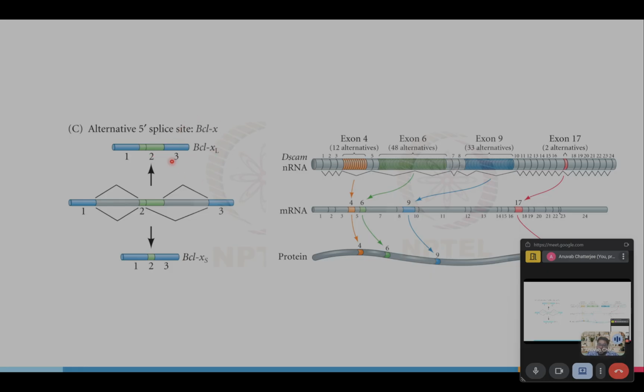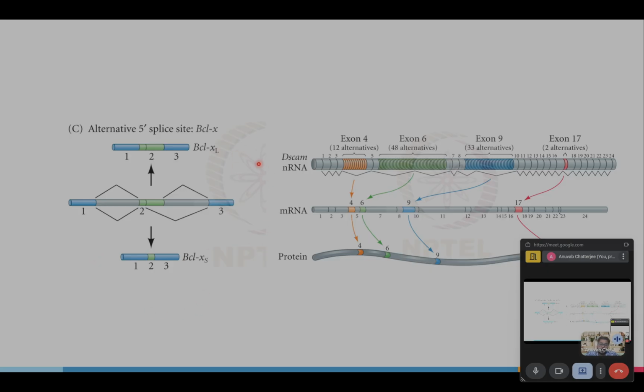In the other case, there is a 5' splicing site also present in the middle of the second exon. So it could be that this entire huge portion of DNA is just spliced out. It not only splices the intron but also part of the exon, and so you have a shorter protein.